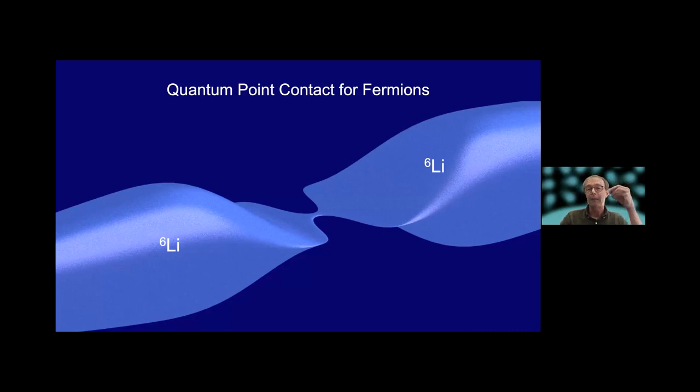So let me start, to get you an idea of the system, with the most extreme situation, that is if you have just a point contact, which is well known, of course, in mesoscopic physics. So if you have only a single channel, you can look at it in terms of quantized transport of neutral matter, not of charged matter. So we make a very narrow channel, and then you have an imbalance of the atom numbers in the left and the right reservoir, and then you determine the conductance by such decay measurements.